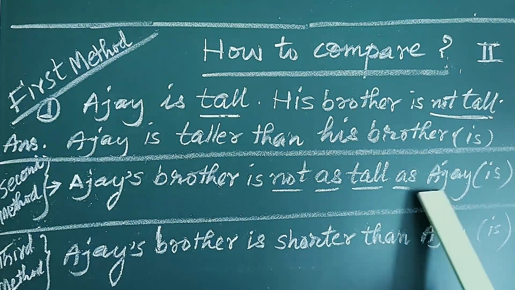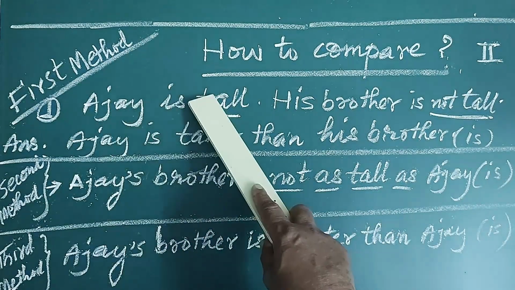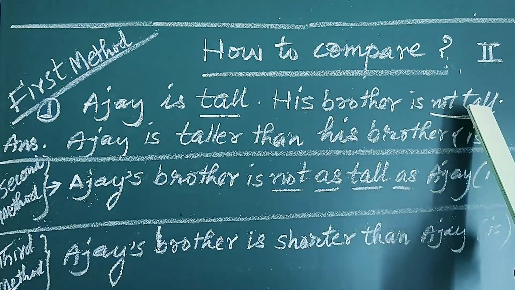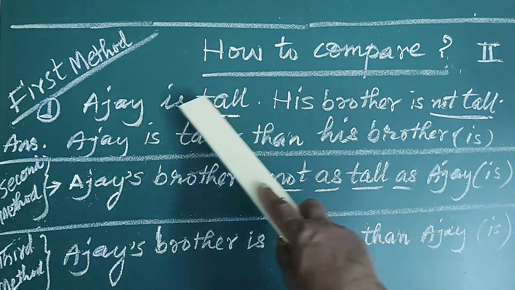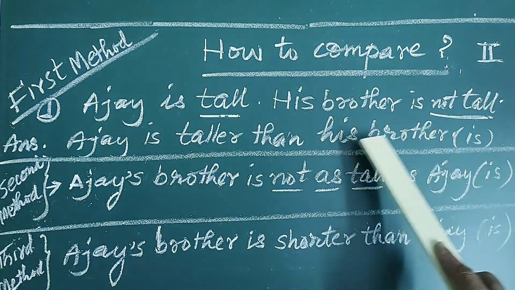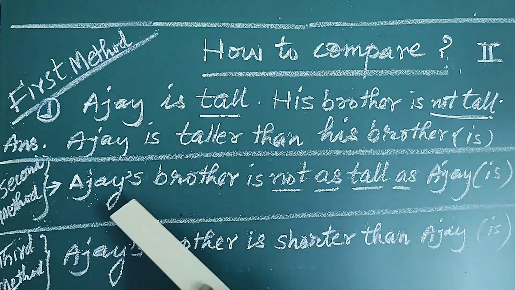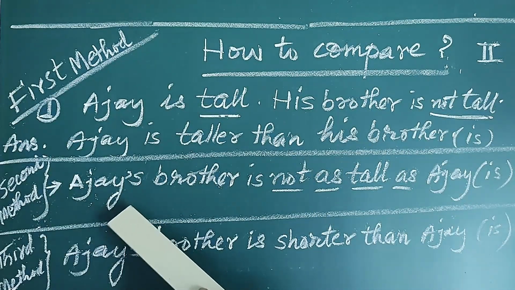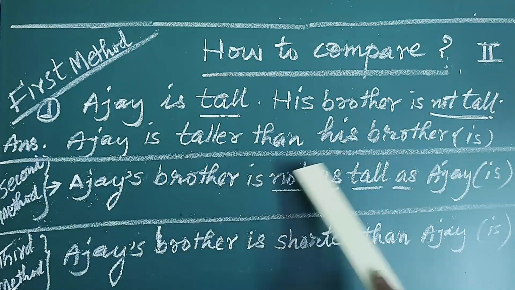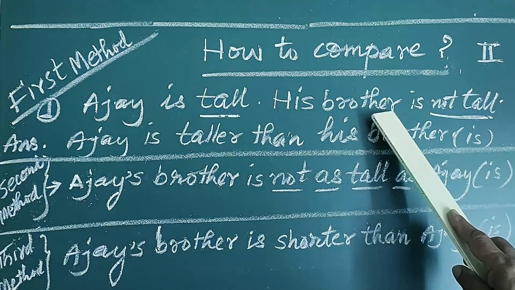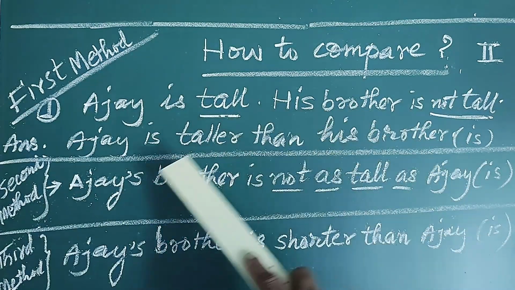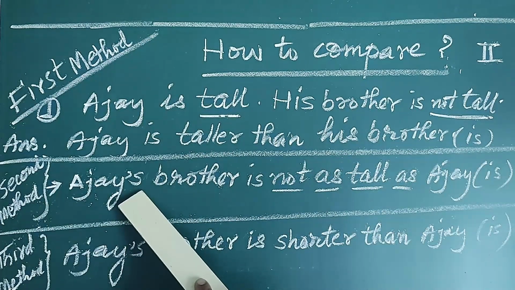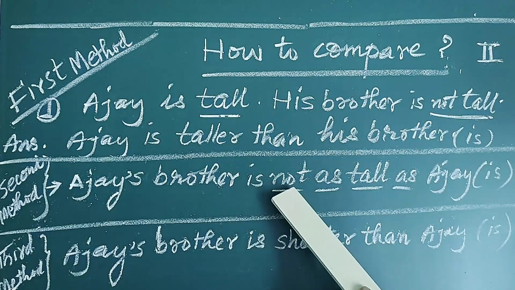What is the point here? Ajay is tall, his brother is not tall. That means Ajay is taller than his brother. The same thing we write here with Ajay's brother. We take Ajay's brother from the second part and give it the important place, and we say Ajay's brother is not.